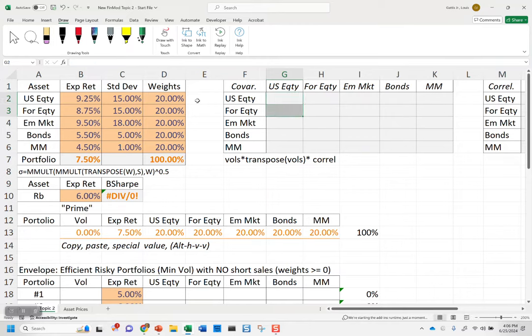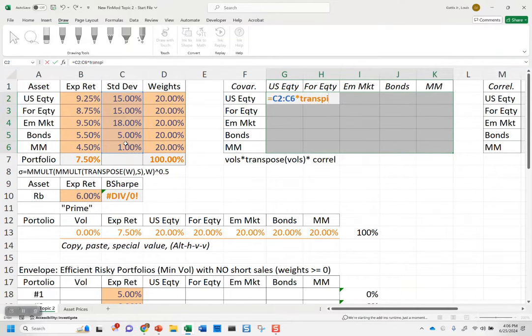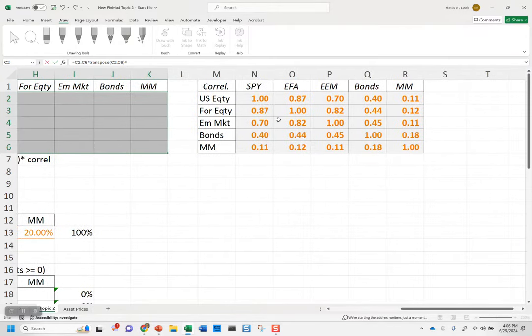But in Excel, there's a neat little way we can do this. I'm going to select this entire array or matrix, and I'm going to say equals vols, that's just the column vector of standard deviations, times transpose vols times correl, my correlation matrix.